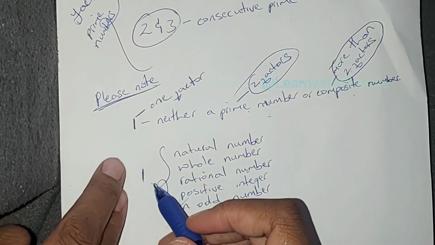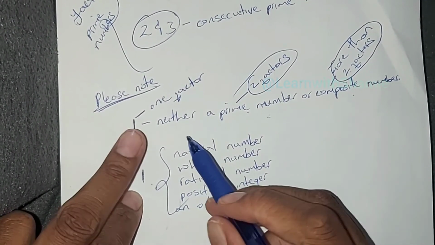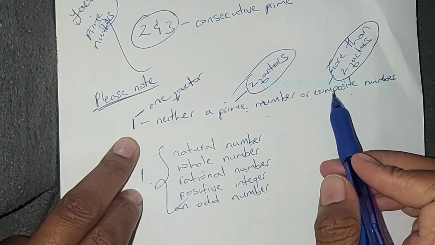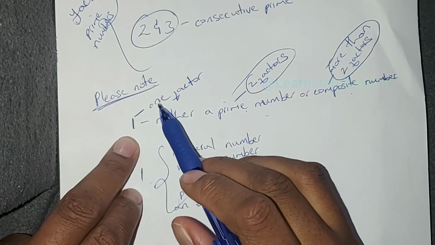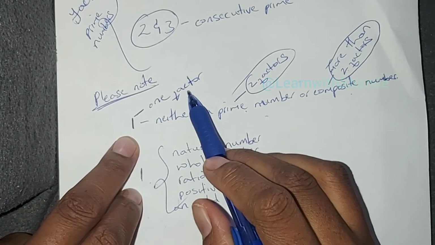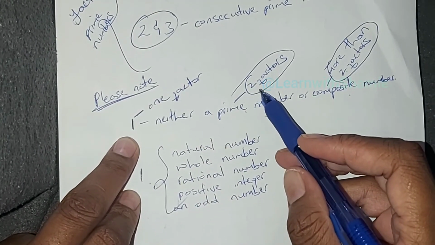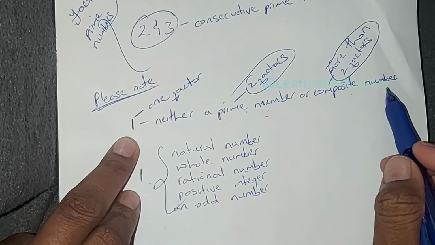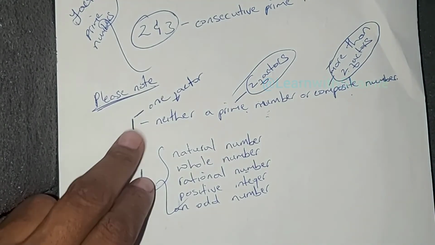So 1 can be classified as any one of these numbers, but it cannot be classified as a prime number or a composite number, because again 1 has only one factor, and prime numbers consist of 2 factors, while composite numbers has more than 2 factors.